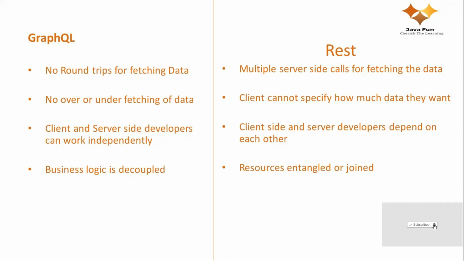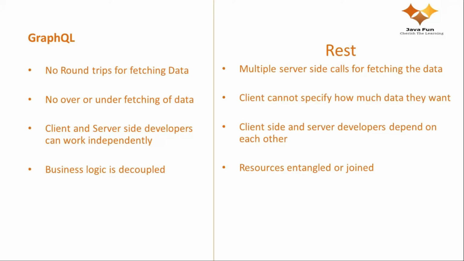So you will be making multiple server-side calls if you want to fetch data from multiple resources. In case of GraphQL, the client is telling the server what fields it wants from a particular resource. So there will be no under- or overfetching of data; only the data that needs to be shown on the UI side is specified in the query, and only that data is fetched from the server side. In case of REST, there is no such thing. You cannot specify out of the resource how many fields you want to fetch.